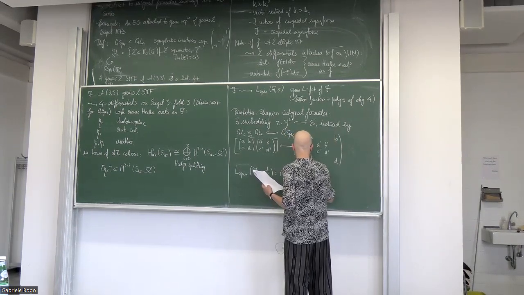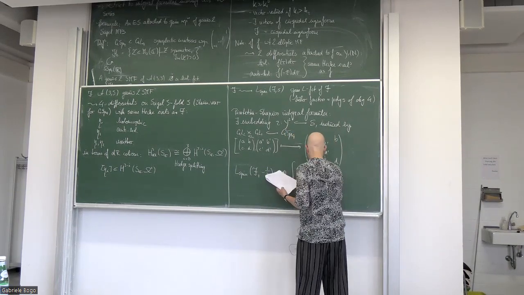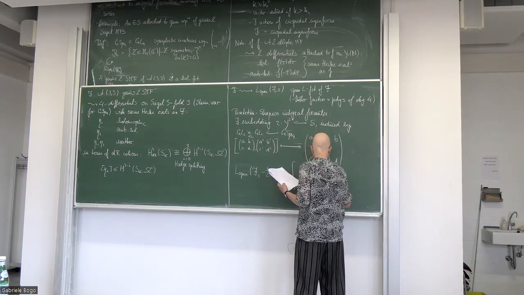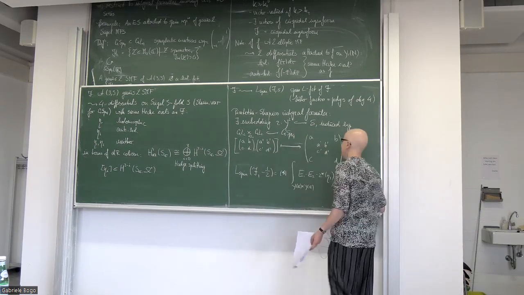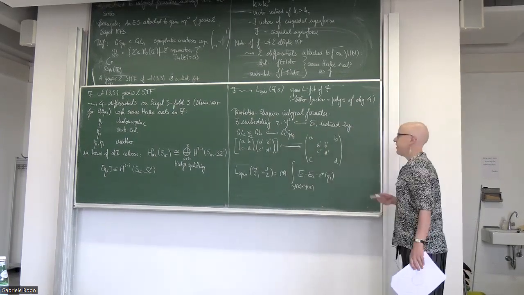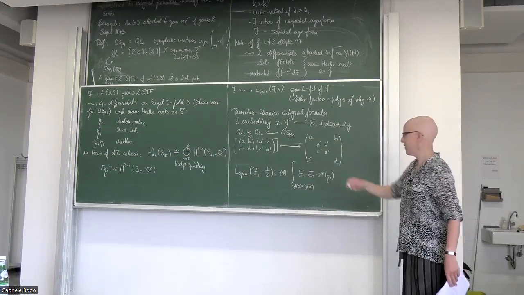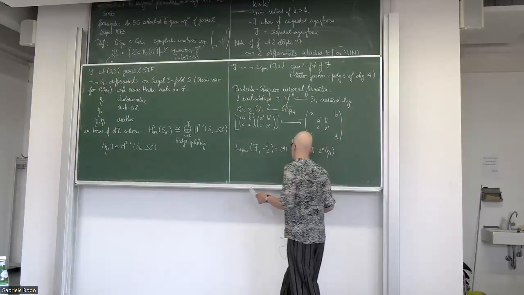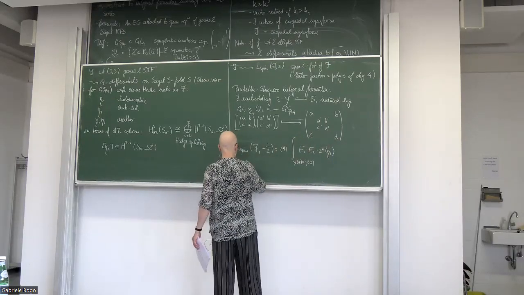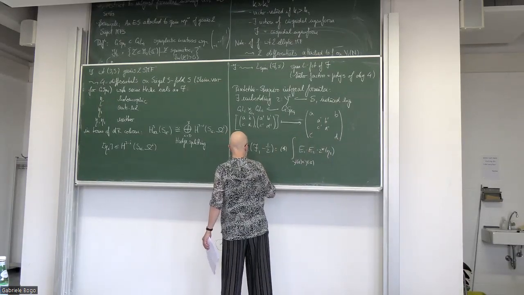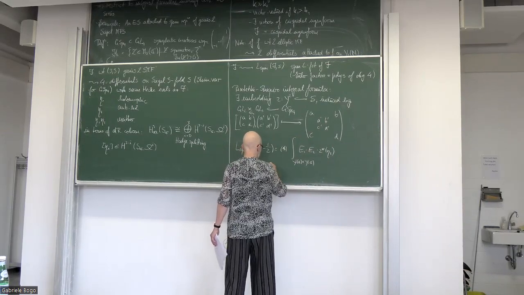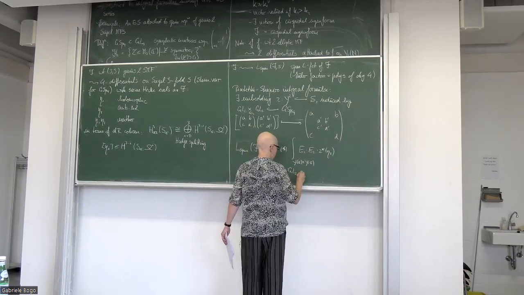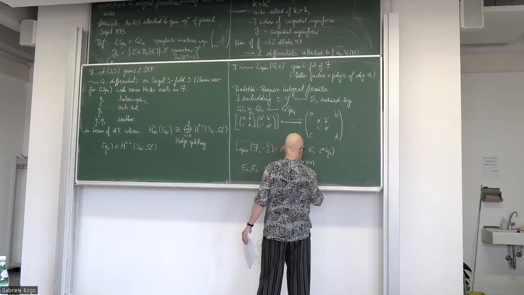E1 times E2 times the pullback under this embedding iota of our differential eta 1. Okay. So E1 and E2 are suitable GL2 Eisenstein series.